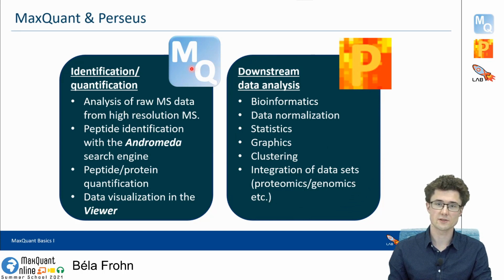So MaxQuant deals with the raw data you get from your machine, and Perseus deals with the output from MaxQuant. Here in these pre-courses we will deal with MaxQuant, and in the summer school there will be a lot more about Perseus.